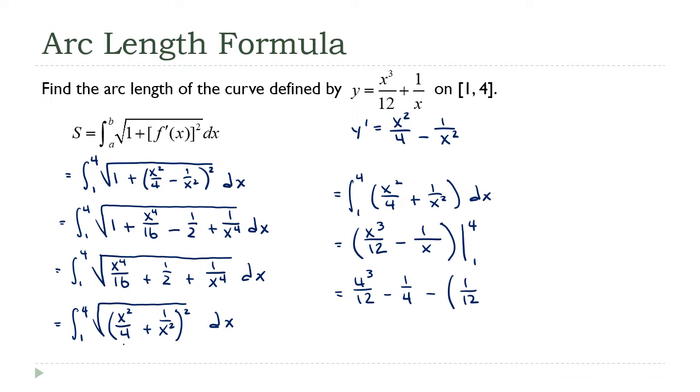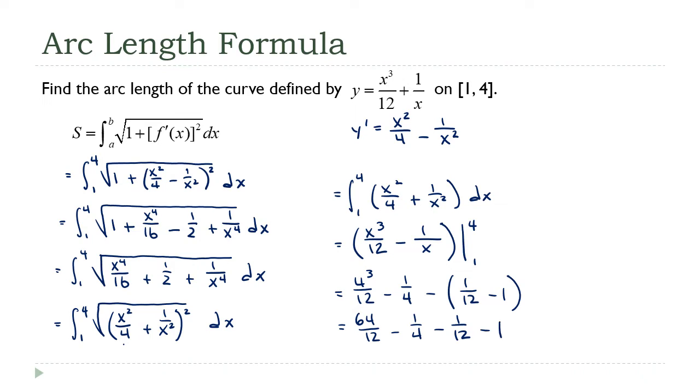I'm putting 1 in now. 1/12 minus 1. So this is what? 4 to the 3rd, that's 64, that's 64 over 12 minus 1/4 minus 1/12 minus 1.